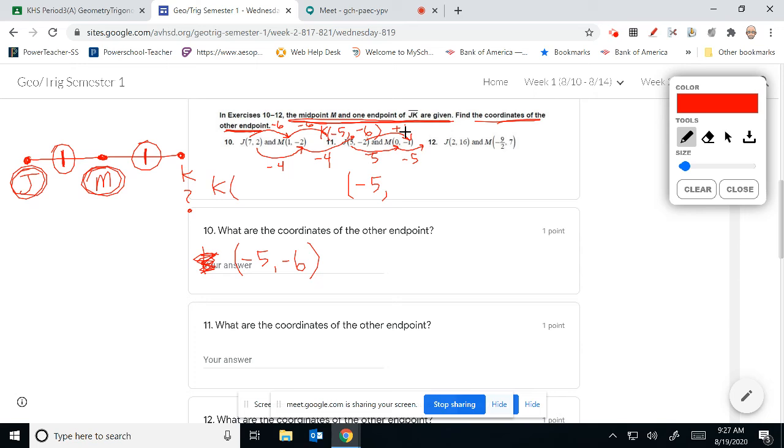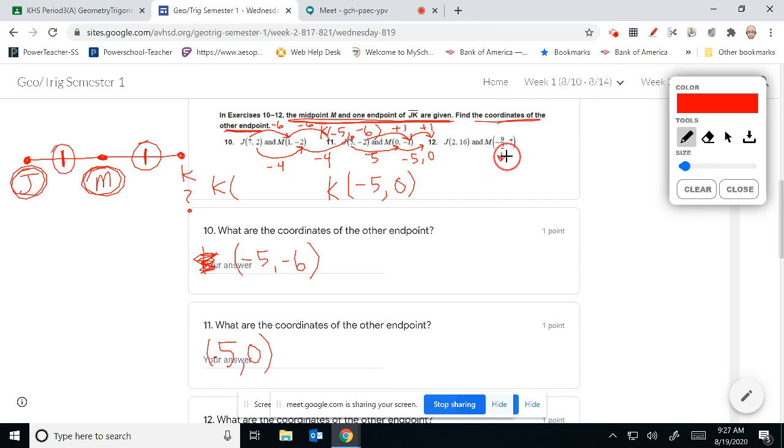So you went up 1. Now you got to go up another 1. So -1 up 1 more would put you at 0. So -5, 0 would be your point K there. So you would just put -5 and 0. You're just keeping M in the middle, and you'll see the work on these on the next slide.